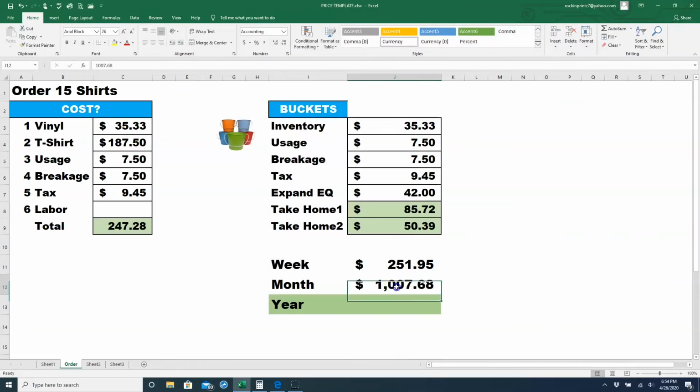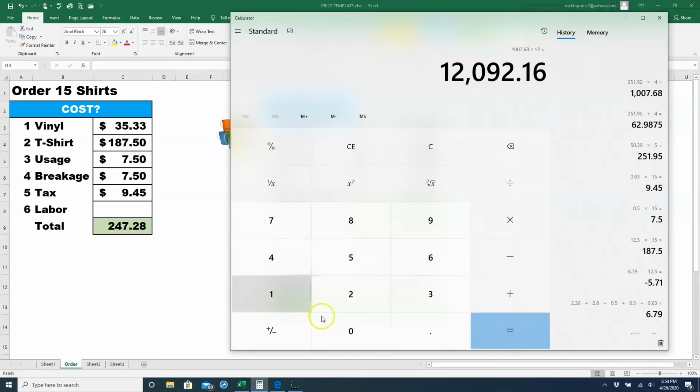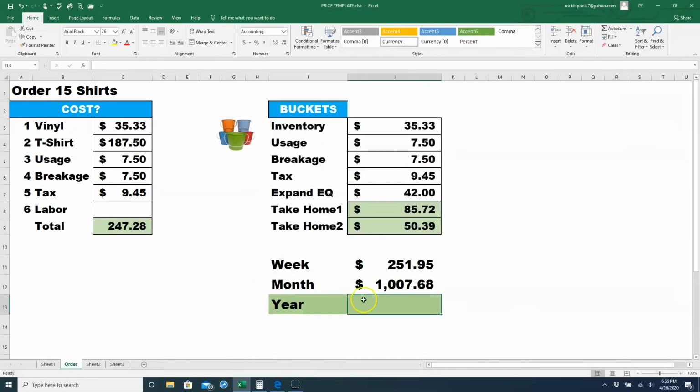Okay, and now let's see what that gives us on an average for a year. So we're going to take that times 12. 12,092.16.